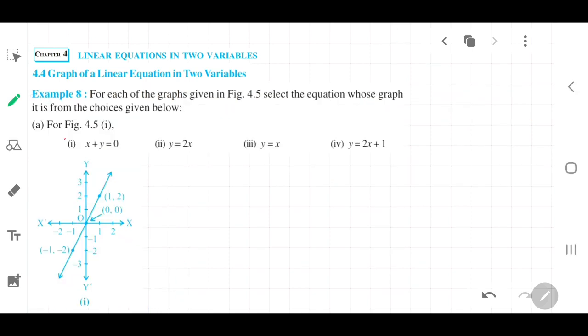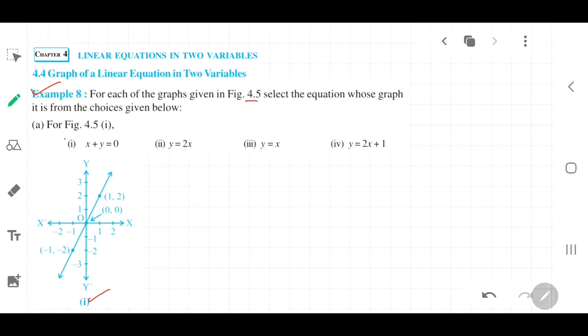Student, we are solving example number 8. For each of the graphs given in figure 4.5, number 1, this is the figure. Select the equation whose graph it is from the choices given below. Now, these are the choices that are given to you. First one, x plus y equal to 0.